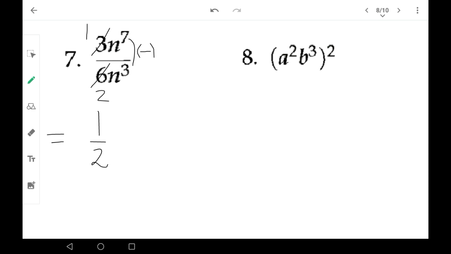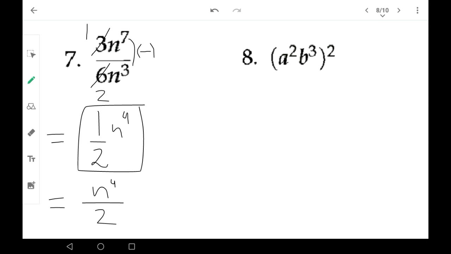So that means that I will have n to the power of 4, right? That's what I should get at the end. So this would be 1/2 n to the power of 4, or I can say that this is like saying n to the power of 4 over 2, because it's the same, right? Either of these two is correct.